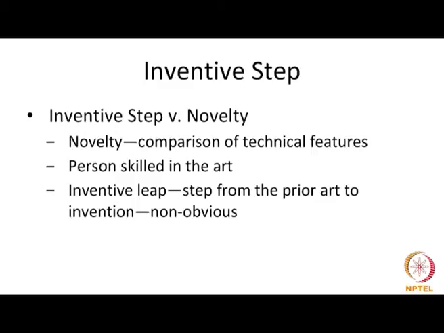What is contained in the phrase technical advance as compared to the existing knowledge. So, there was a technical advancement and that was a substantial advancement, not something which a person skilled in the art could have foreseen.